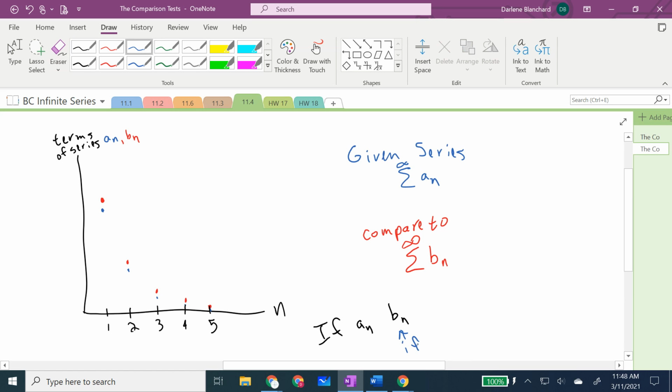If I was dealing with what I'm comparing it to diverges, is it helpful for me to know my terms are smaller than somebody who is infinitely large? Right. So the inequality has to work the right way. So you want your terms to be bigger than a divergent series. And now I'll erase these.